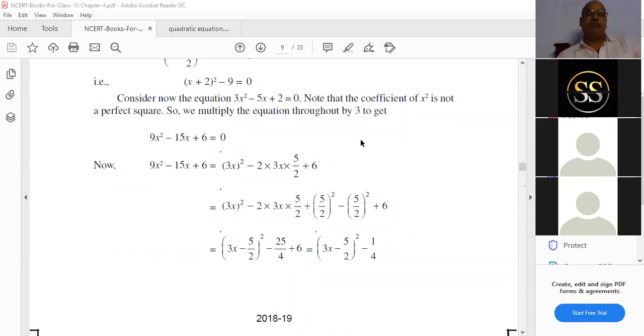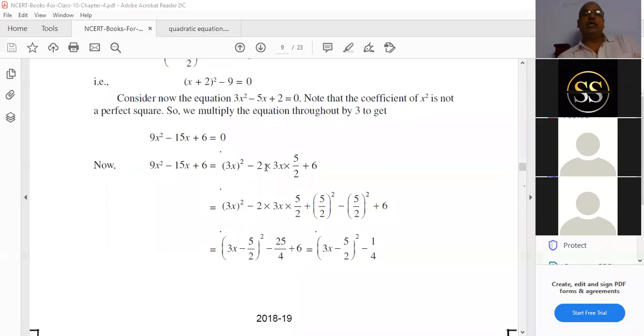If I write 6x into 5 by 2, 2 cancels, and I will get 15x. Like that you have to think which term, if I write, will give 15x.